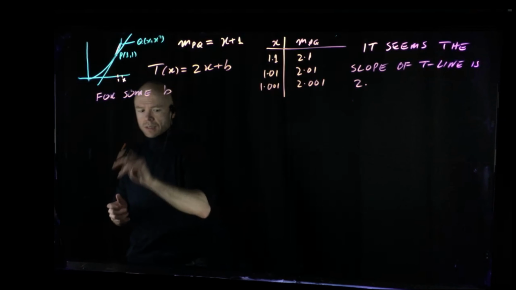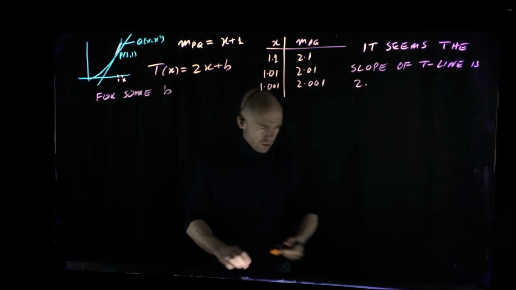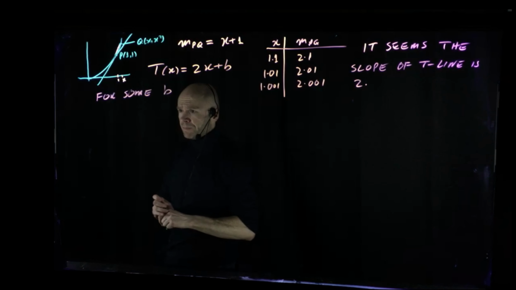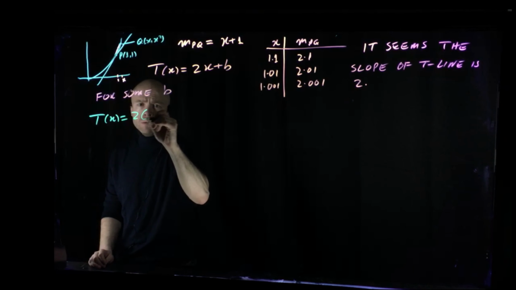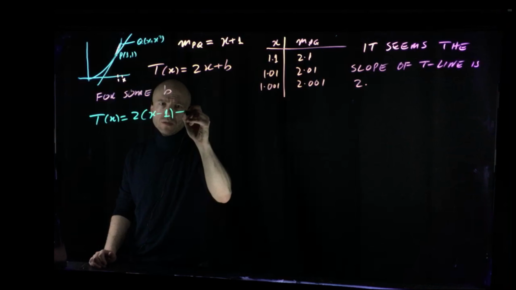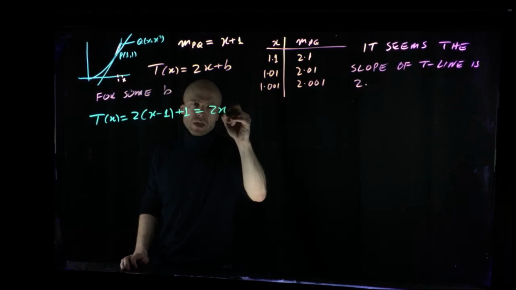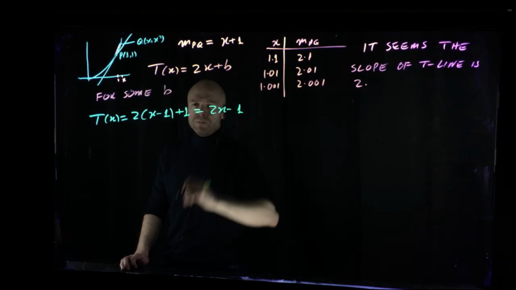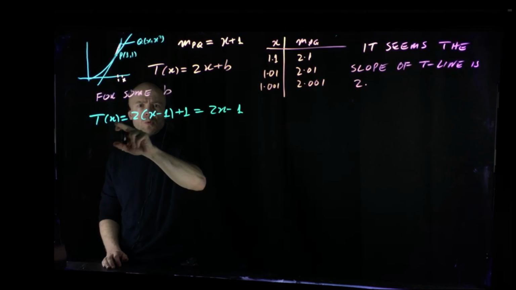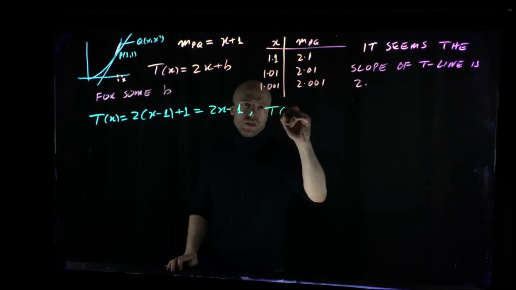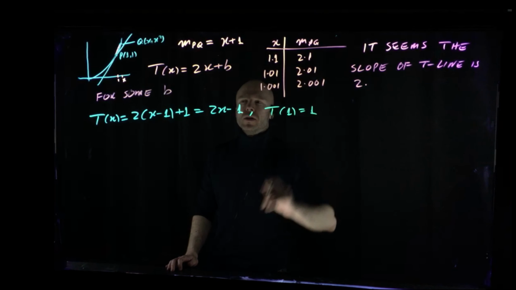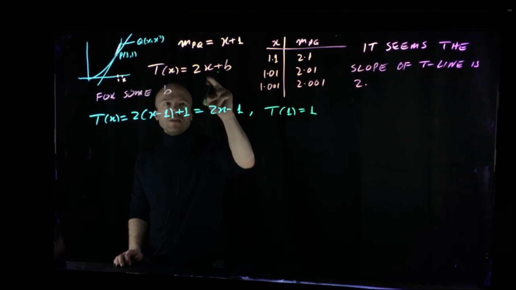And then there's a kind of simple formula you can just apply. So look at this. If we write t of x is 2 times (x minus 1) plus 1, that's the same as 2x minus 1. And if we stick in x equals 1, then this part here vanishes and we get 1 out, right? So we get t of 1 is just 1. So this thing definitely is of the correct form.